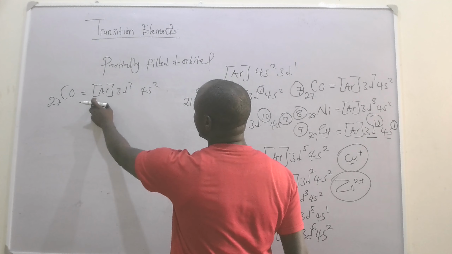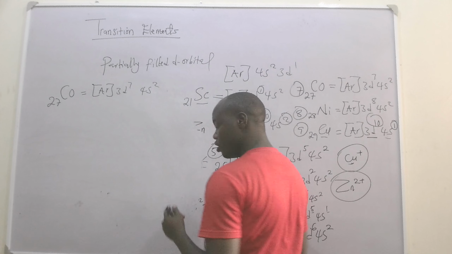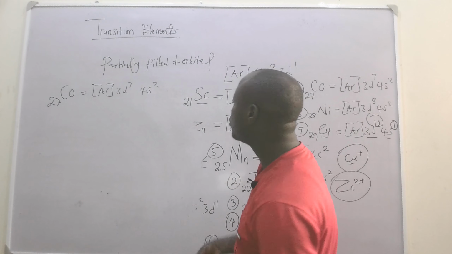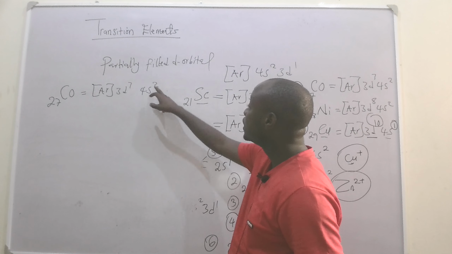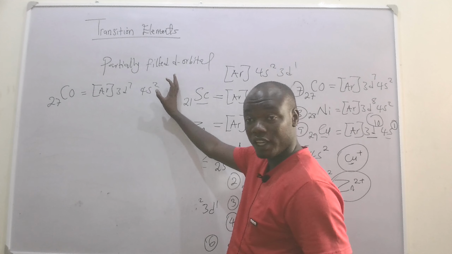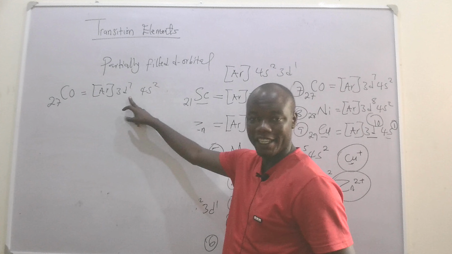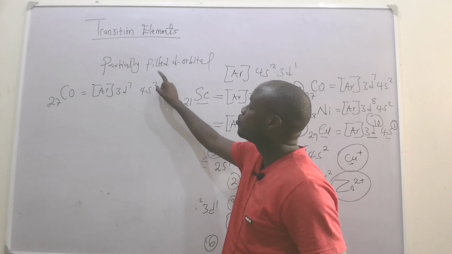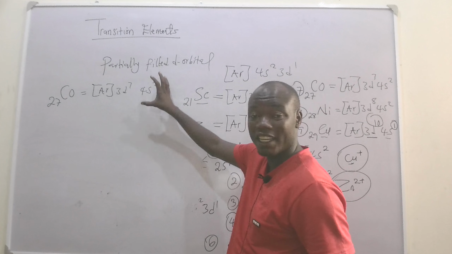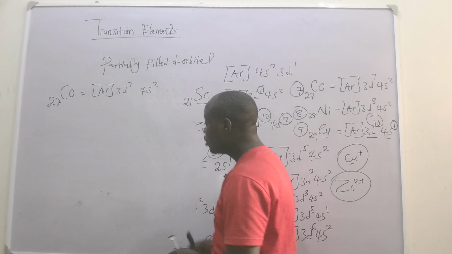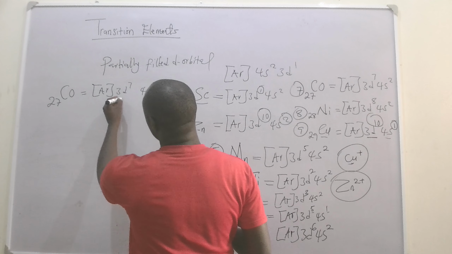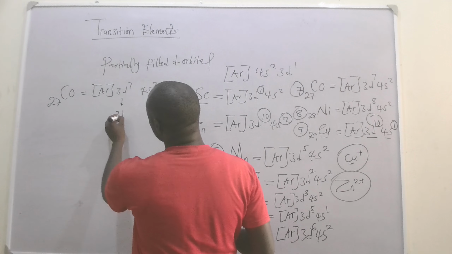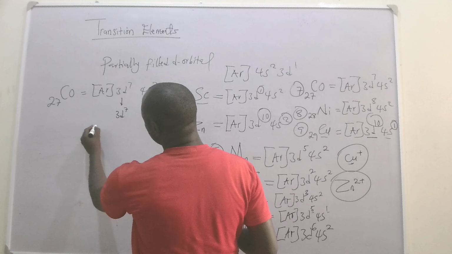You see we have 18 here, and when writing the configuration you must fill the 4s before going to 3d. So this 4s2 is where you have your 20th electron. And then for your 21st electron, you come down to this 3d7.